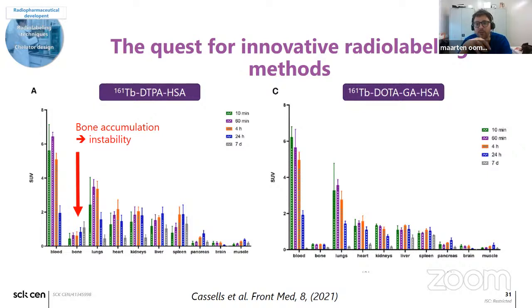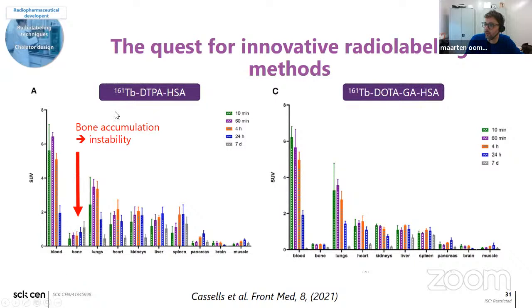That means whatever activity you see accumulating in some organs is actually coming from release of your terbium from your chelator, and not from accumulation of a radiopharmaceutical. I want to specifically point out the bone here.